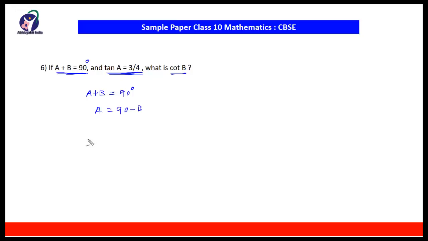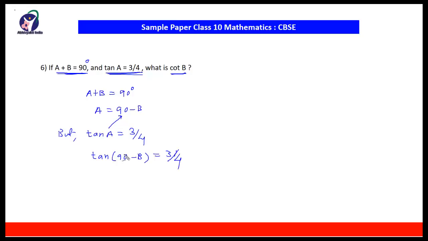So tan a is equal to 3/4, and a is equal to 90 minus b. So we will replace a by 90 minus b and we will get tan of 90 minus b, which is equal to 3/4.